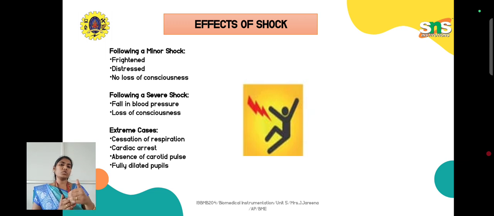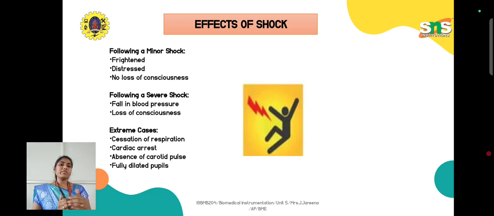The effects of shock fall into three categories. The first one is minor shock, the second is severe shock, and the third is extreme severe shock. In minor shock, the patient retains consciousness. They may be mentally disturbed, gone into a distressed state, or frightened, and so on.